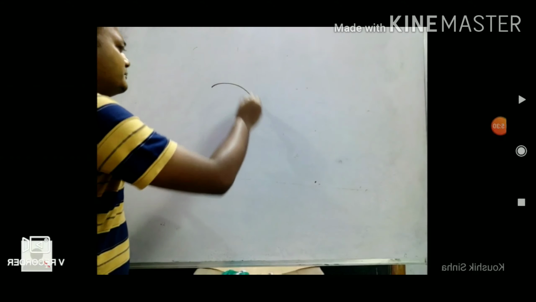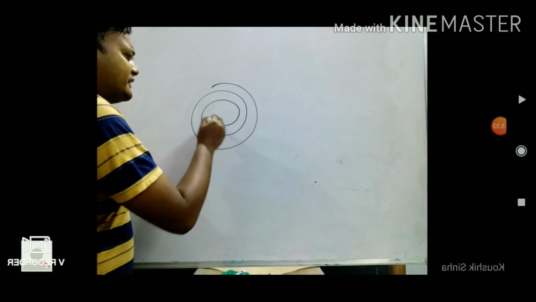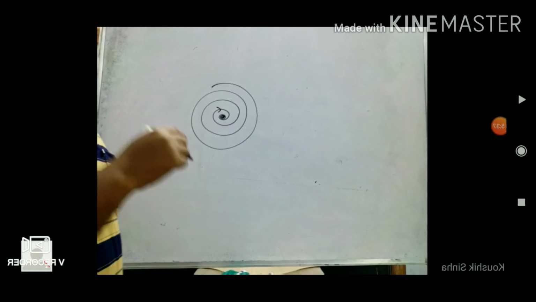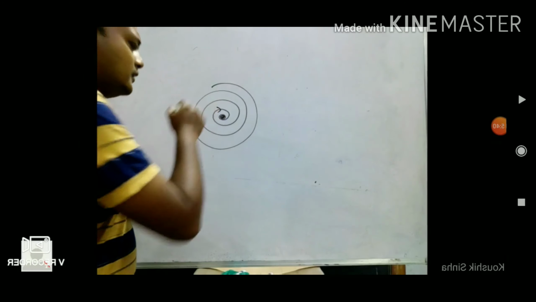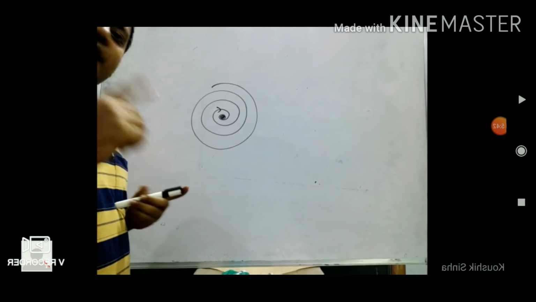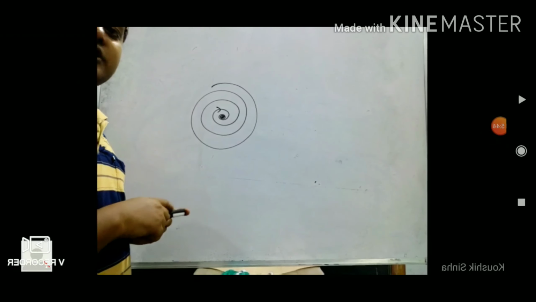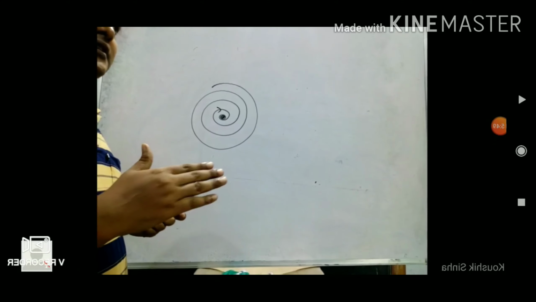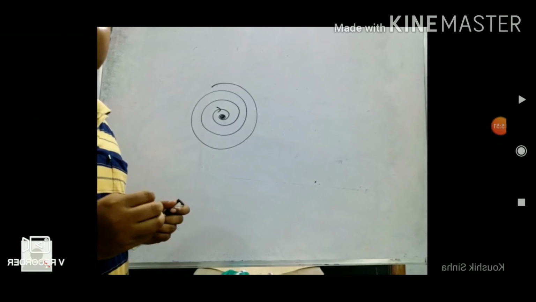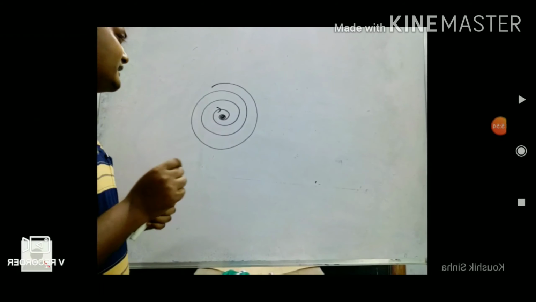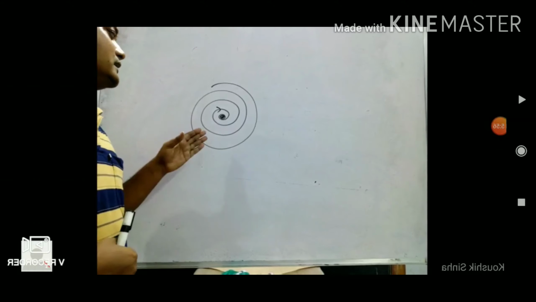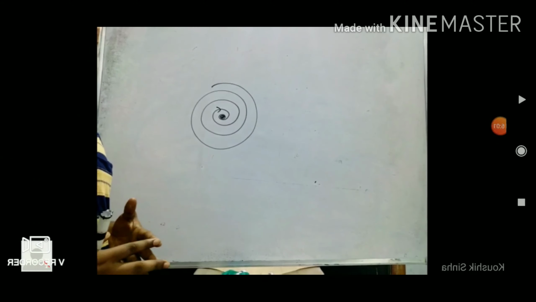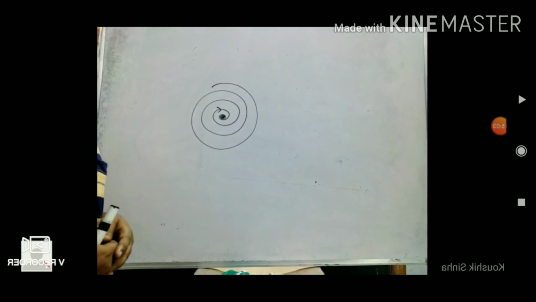And in a spiral path its rotating radius decreases, and ultimately it falls into the nucleus. So the electron is negatively charged, the nucleus is positively charged. So the electron continuously releases energy, its rotating radius will decrease, and ultimately in a spiral path it falls into the nucleus. So the Rutherford model cannot explain the stability of the atom.